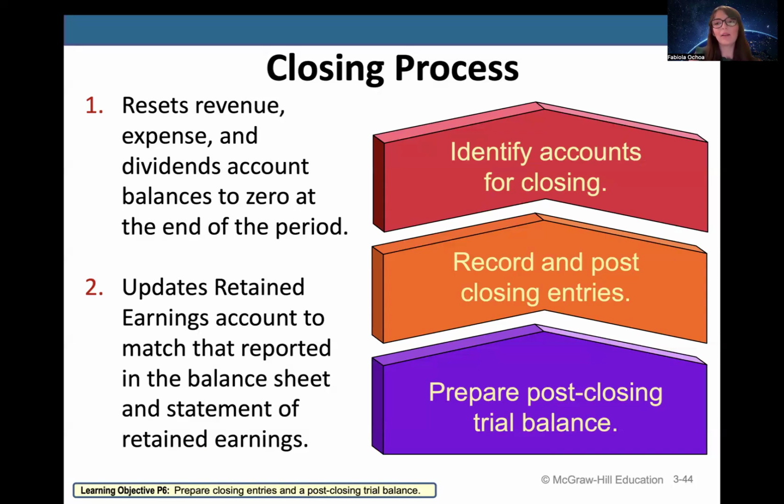So think about it. Let's say we have January 1st up until December 31st of 2024 as our accounting period. It's important to close that entire year. We're going to close our revenues and expenses so that in 2025, we don't see 2024 revenues on our books. So think about this as a business owner.